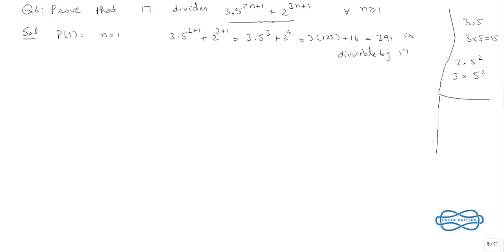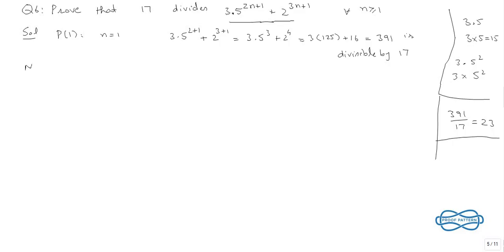Divisible means whenever we divide 391 we should get a complete integer, and whenever we divide this we will get 23. So 23 is an integer without any decimal part, so this means 391 is divisible by 17. Okay, so this is true for n is equal to 1.